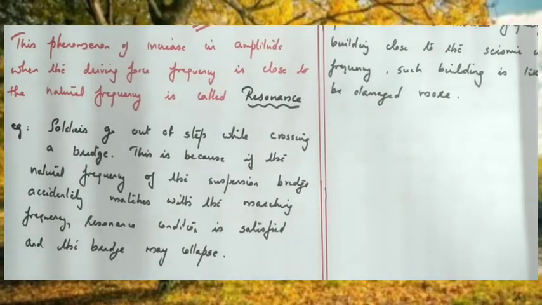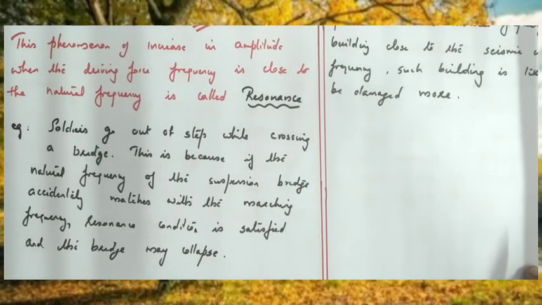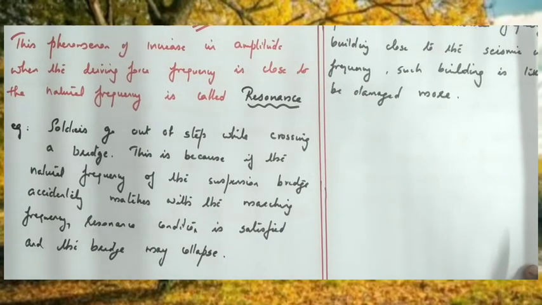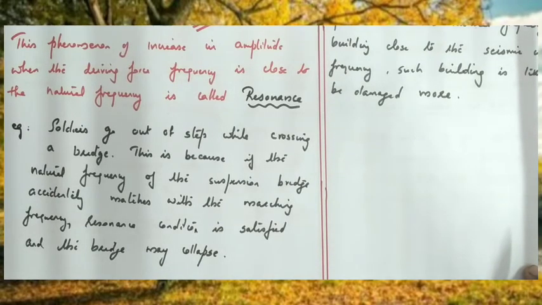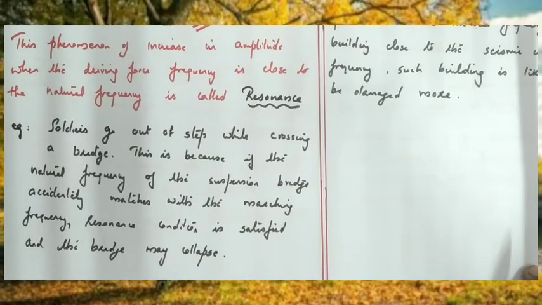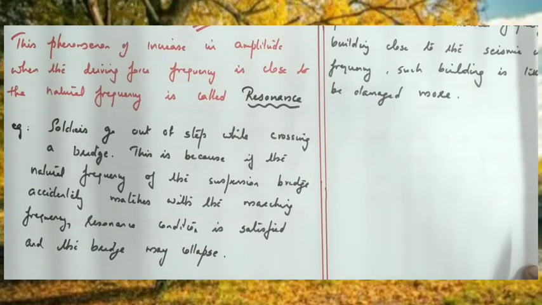Some general examples of resonance: soldiers are asked to go out of step while crossing a suspension bridge. This is because if the natural frequency of the suspension bridge accidentally matches the marching frequency, the resonance condition is satisfied and the bridge may collapse.